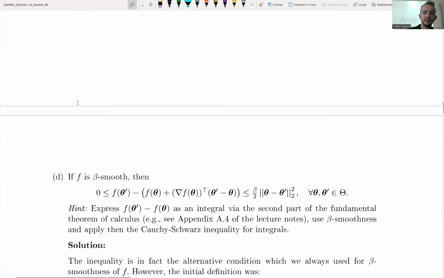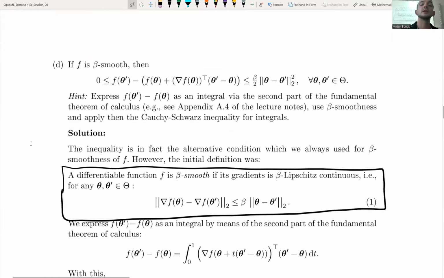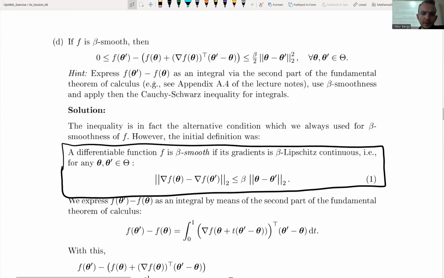This is what we more or less used all the time, because we had in addition also strong convexity, which implies convexity, and then this was fine. But here we want to show, well, if we have beta smoothness, then we also get this inequality. And this is a bit tricky to show, to be honest. This is why the hint was given here.